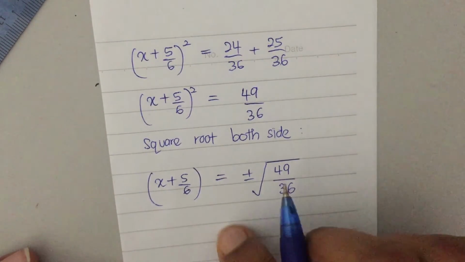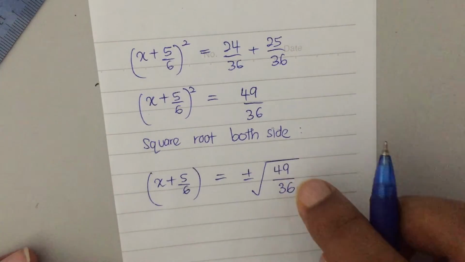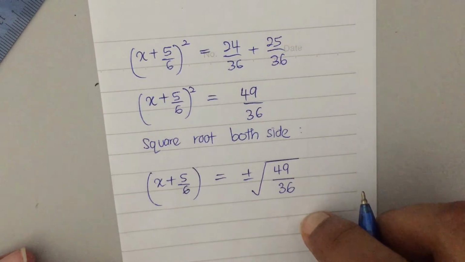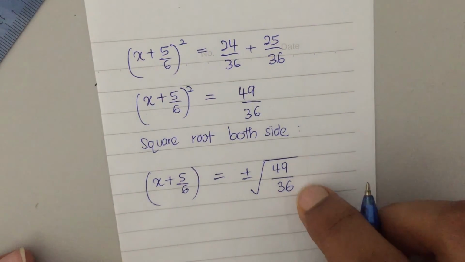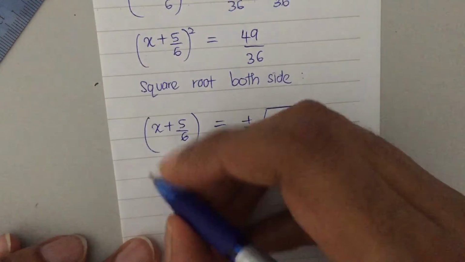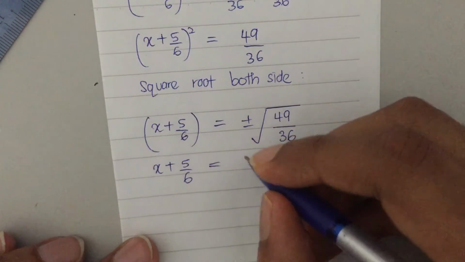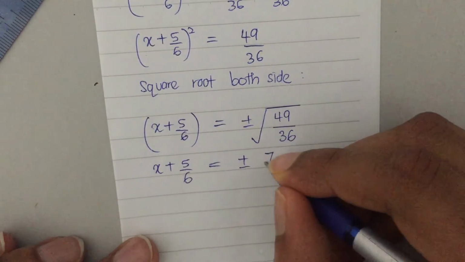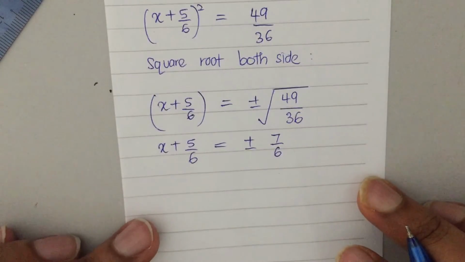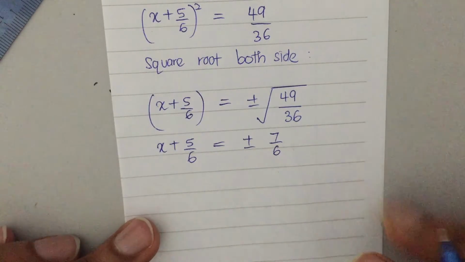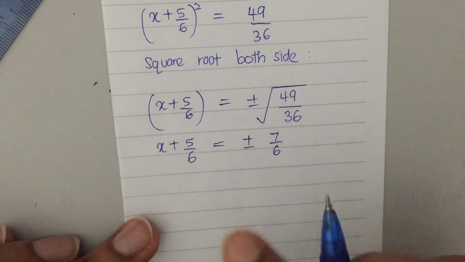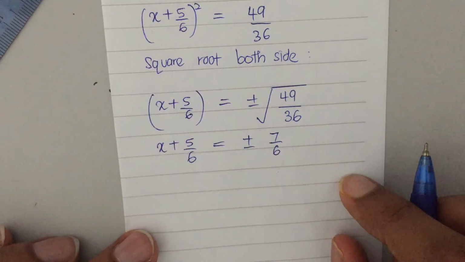So from here, let us perform the square root. 49 over 36, you square root this, you should get 7 over 6. So from here, x plus 5 over 6 equals plus minus 7 over 6. Like I've mentioned earlier in this video, once you have a plus and minus, you have two separate sets of solutions.